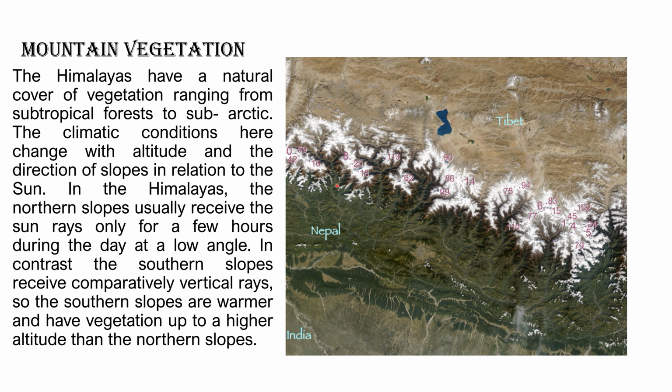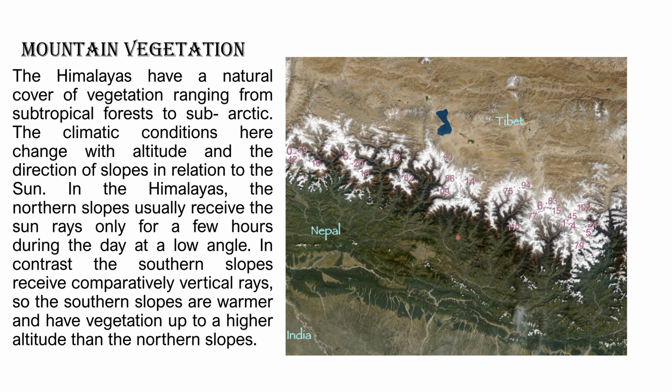Now, in the Himalayas, the northern slopes, that is, the ones facing the poles, receive the oblique rays of the sun and they get the sun rays for only a few hours during the daytime. So the vegetation over here is in great contrast to those on the southern slopes, which receive comparatively vertical rays and are warmer and have vegetation up to a higher altitude.